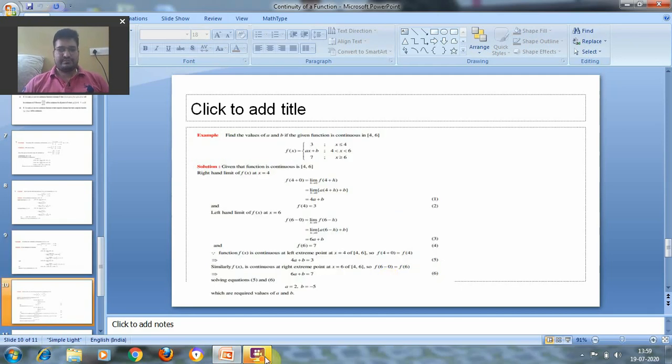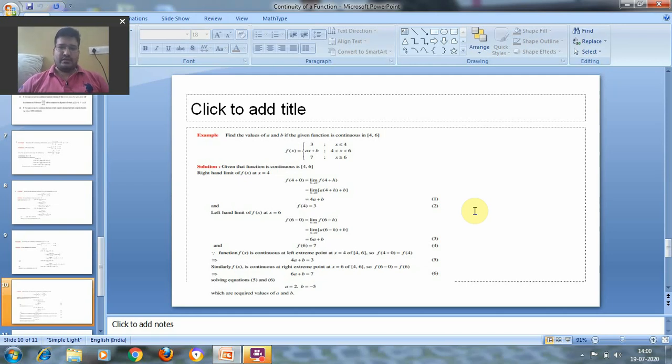Next question. Find the values of a and b if the given function is continuous in the interval 4 to 6, where f(x) is equal to 3 when x less than or equal to 4, ax plus b when x lies between 4 and 6, and 7 when x greater than or equal to 6.